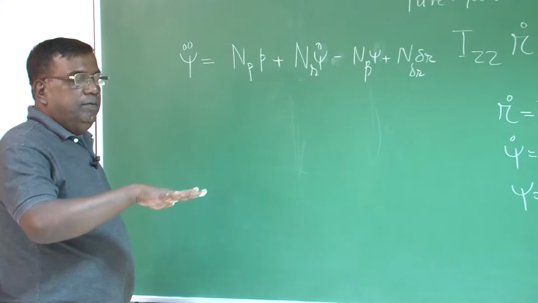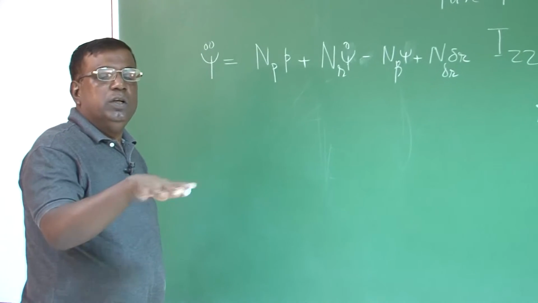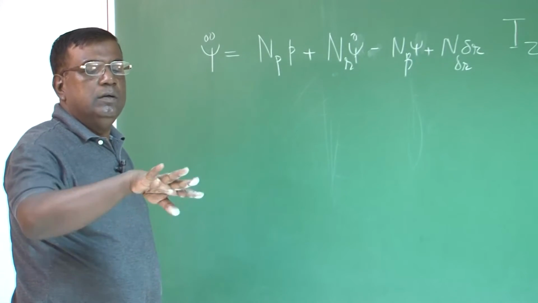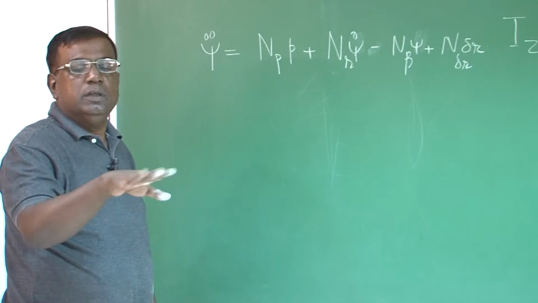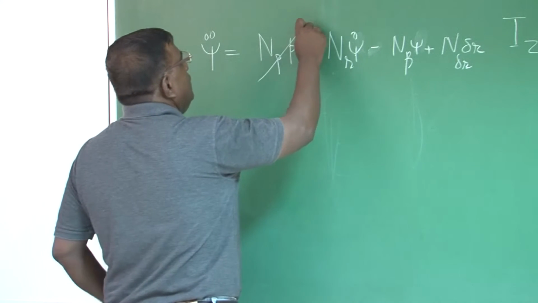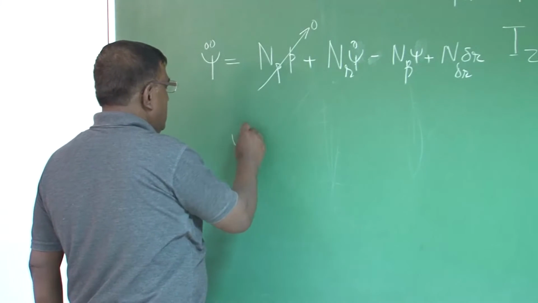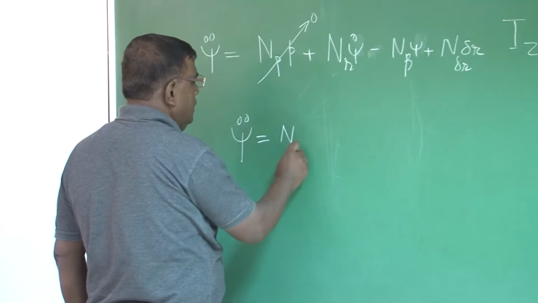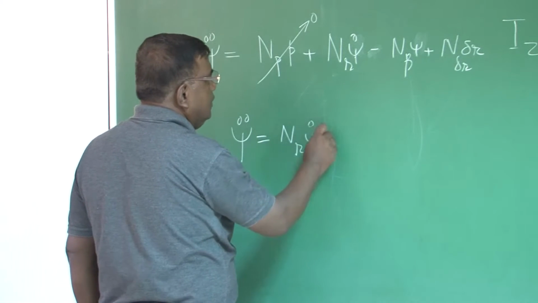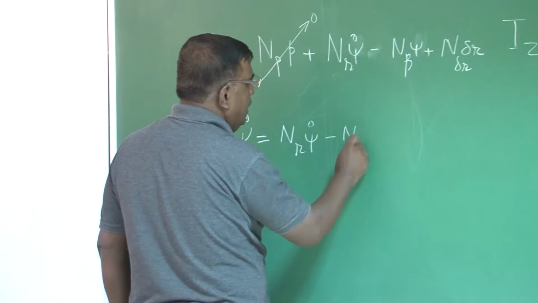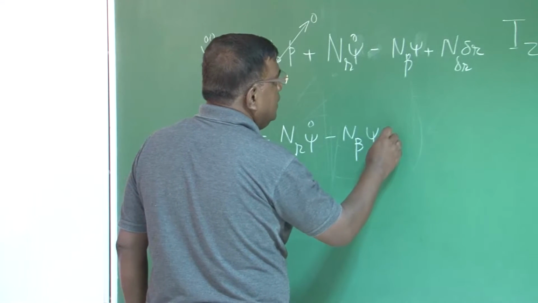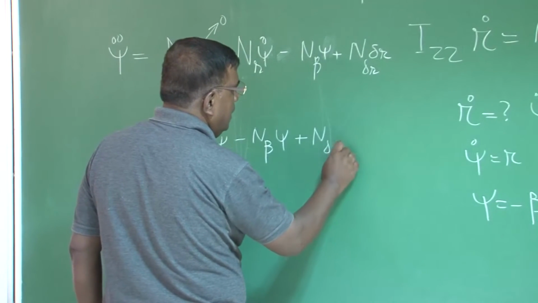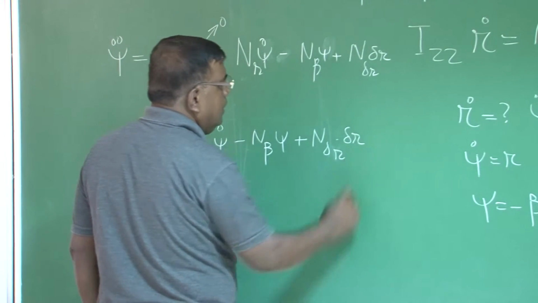Now, if the airplane is doing only pure yaw like this, then there is no p, right? We are not doing this motion, only this motion. So naturally, this term goes. So I have got psi double dot is equal to Nr into psi dot minus N beta into psi plus N delta r into delta r.